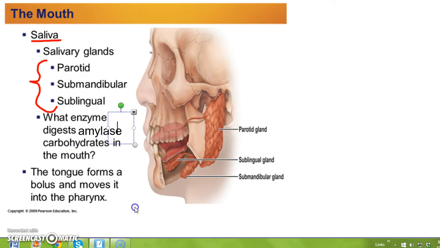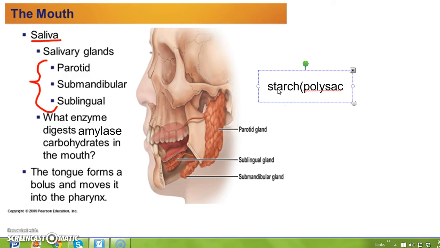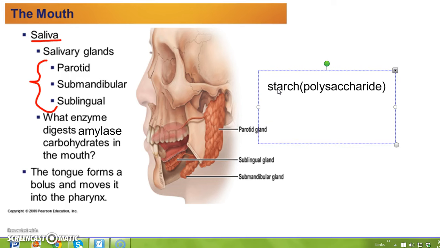Specifically, if you stop this video and run to the kitchen and grab a cracker or a piece of bread that contains starch, which, remember, is a polysaccharide, a very large carbohydrate, and chew it longer than you normally would, maybe 2 minutes, so it becomes a pretty liquidy, pasty substance, you will start to notice that it tastes very sugary and less starchy.